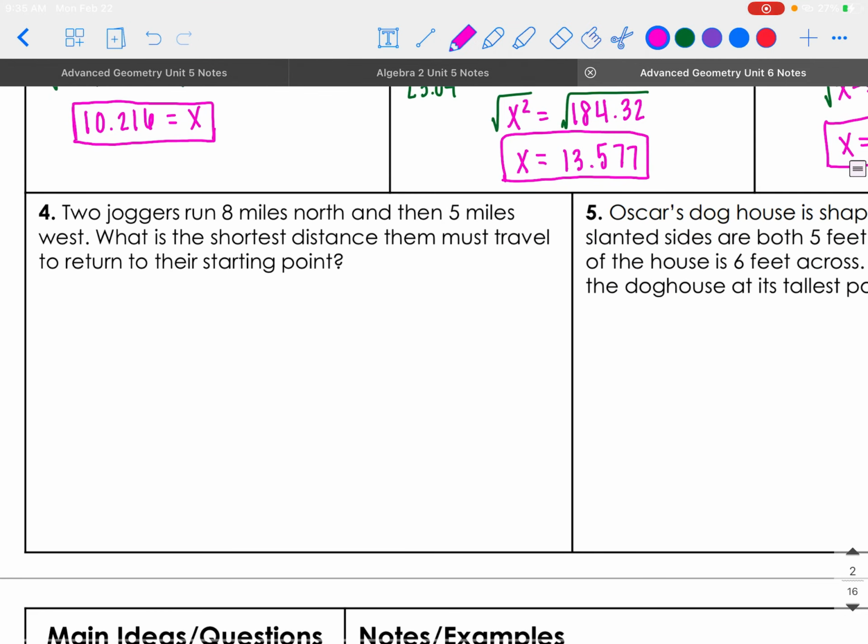All right, number 4 says 2 joggers run 8 miles north and 5 miles west. We want to know the shortest distance to return to their starting point. That would be the hypotenuse.